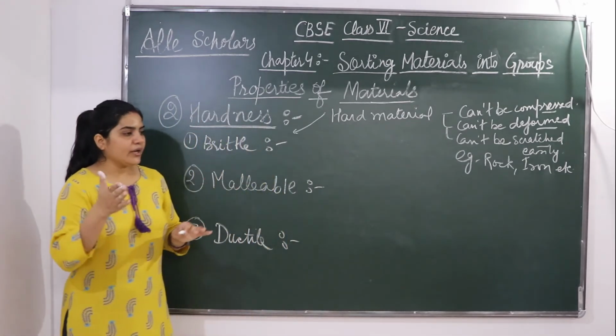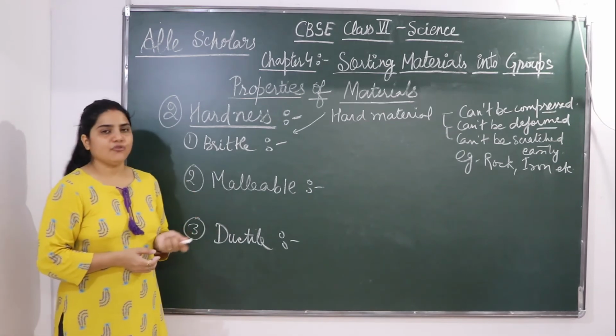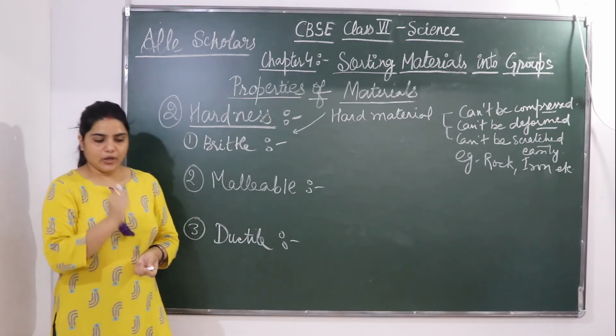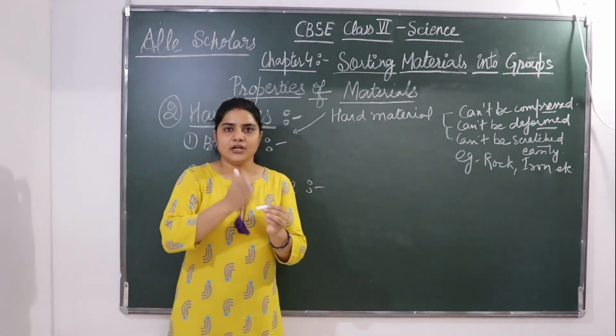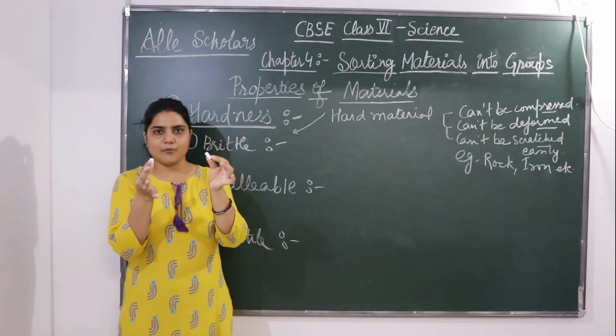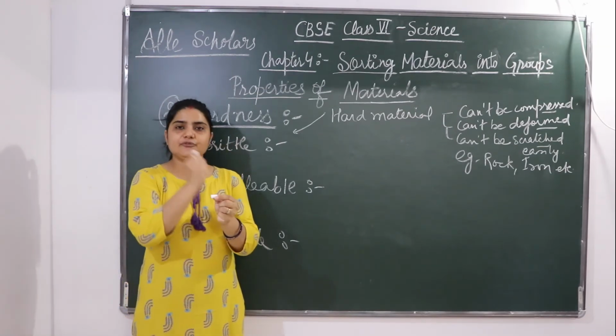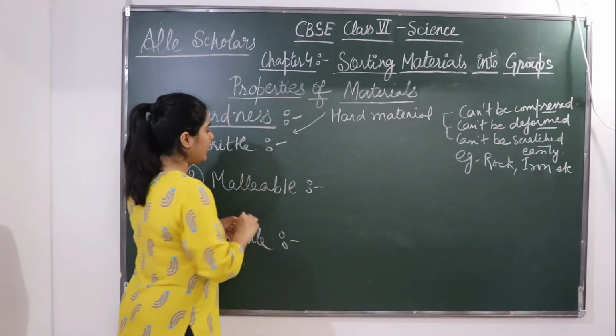which can be broken into small pieces, or they can be made into powdered form when you hammer it. Okay, you are hammering, this is a chalk. If you hammer it, this can be broken into small pieces. Like this, you can see it can be broken into small pieces. And further, if you hammer it, you can make a powder of the chalk.